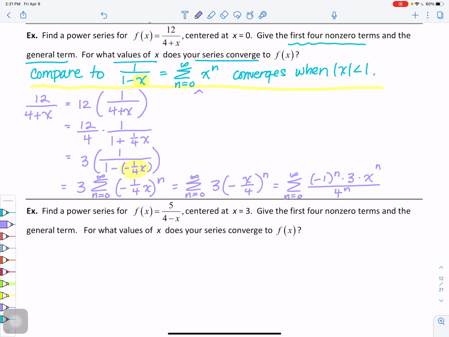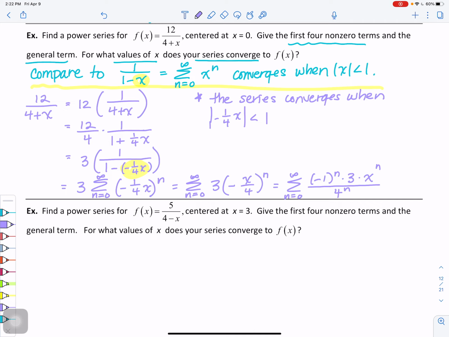So you should convince yourself of that. And then this series converges when the absolute value of our x, which is the opposite of x over 4, we could even put, let's just put what we had earlier, negative 1/4 x is less than 1, okay?